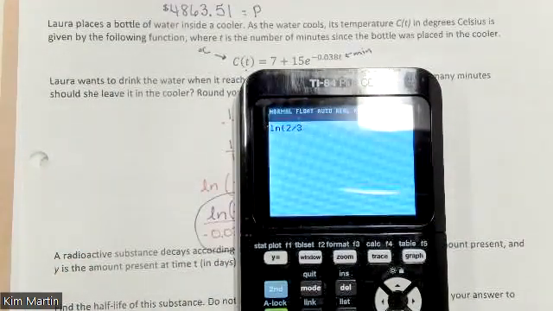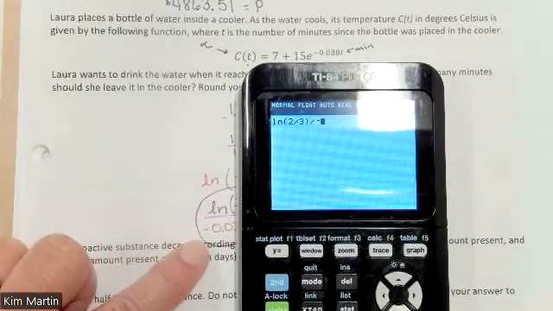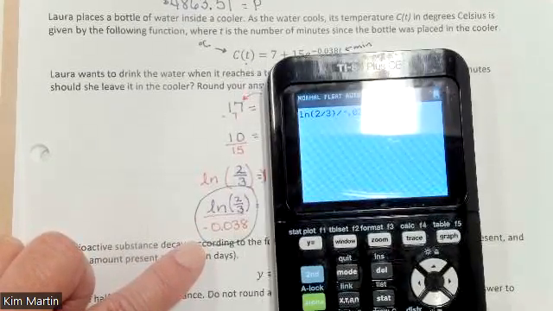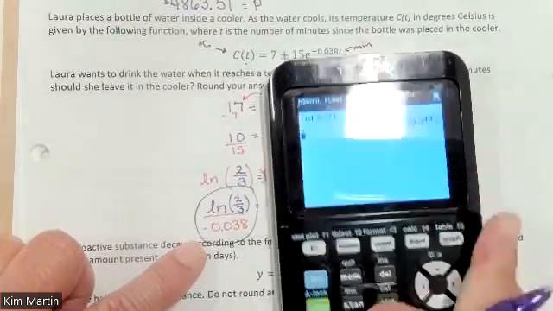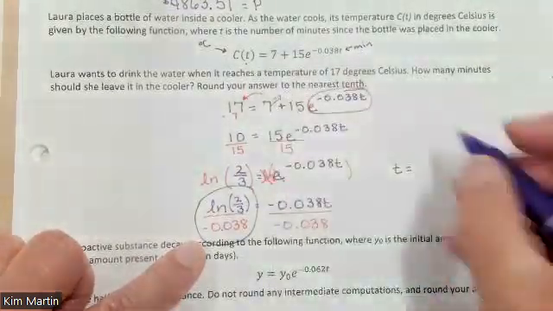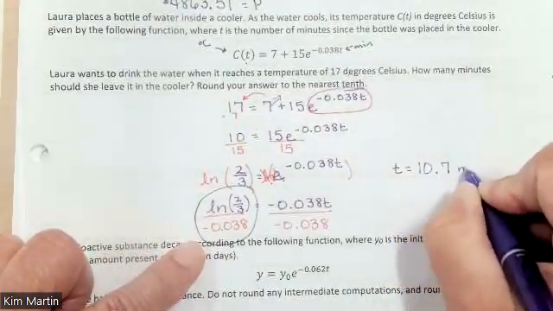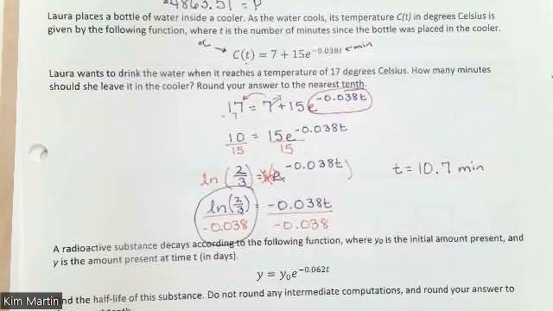If you left it as 10/15, that's perfectly fine. It would give you the exact same thing. Divided by negative 0.038. And it would be 10.7 minutes. So she would have to leave the water in the cooler for 10.7 minutes for it to come to 17 degrees Celsius. Yeah. All right.